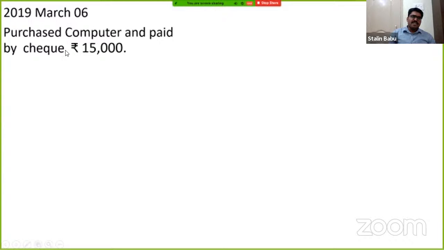What is going out of the business? A check, and a check is related to the bank. That means the computer is coming into the business and the bank is paying the cash. So the two accounts affected are computer account and Canara Bank account. Here bank means Canara Bank.